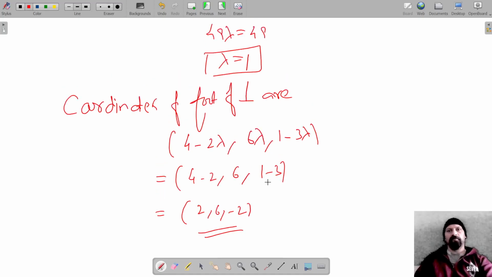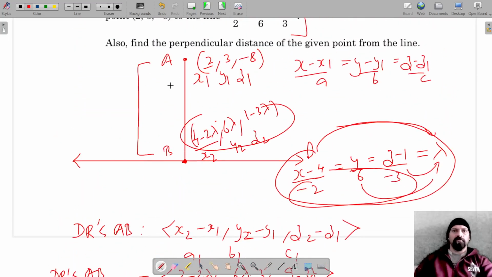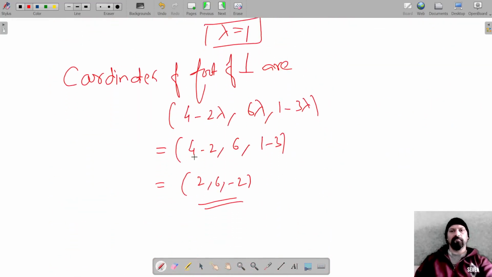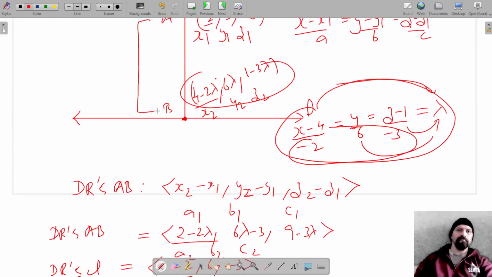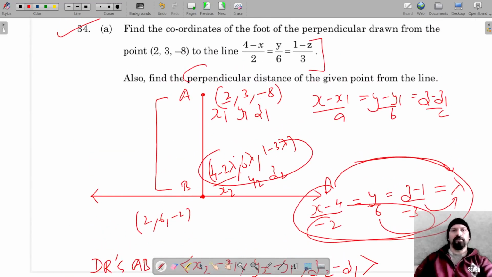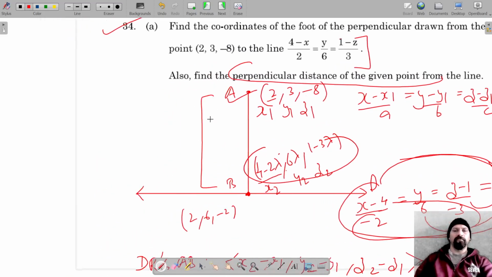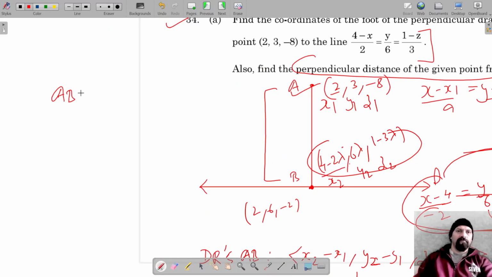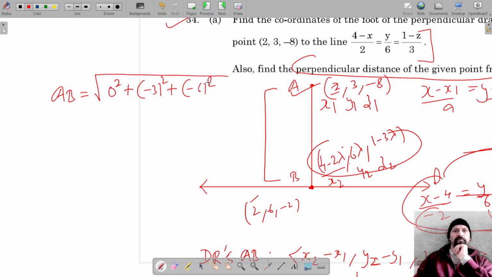Now we have to find the perpendicular distance as well. We have got the coordinates, so we can use the distance formula. The coordinates of B are 2, 6, negative 2, and we have to find the perpendicular distance from the given point. Using the distance formula, this is the square root of 2 minus 2 is 0 squared, plus 3 minus 6 is negative 3 squared, plus negative 8 minus of minus 2 is negative 6 squared.